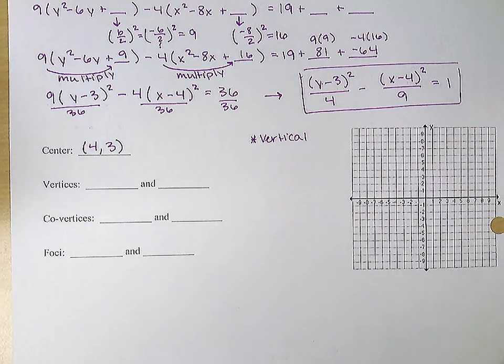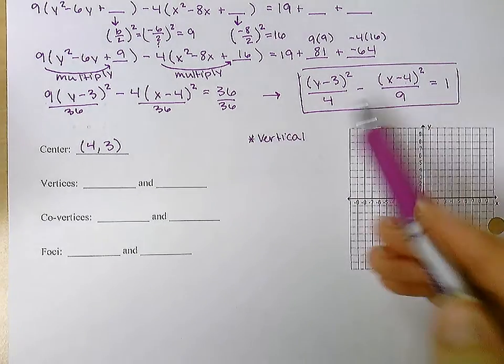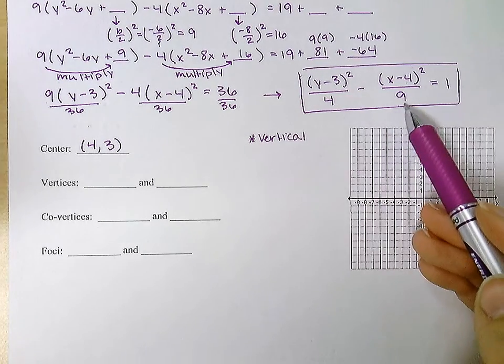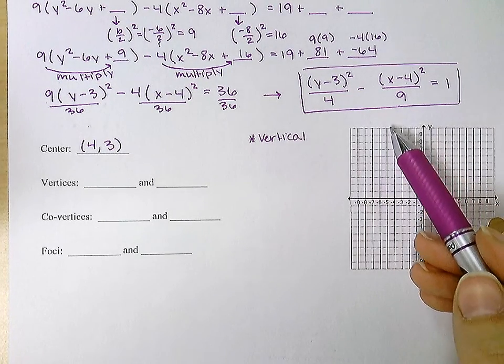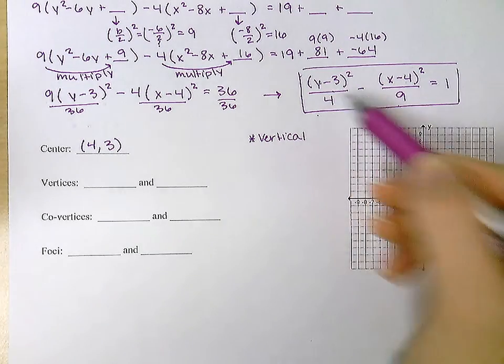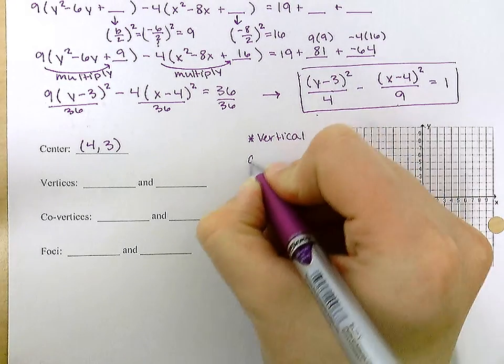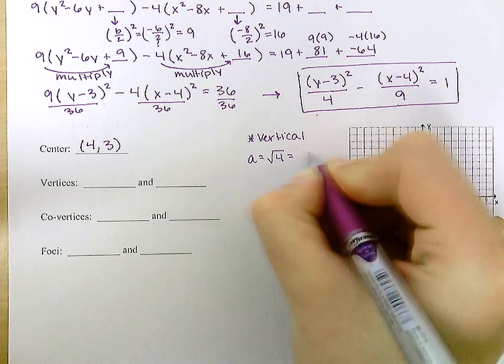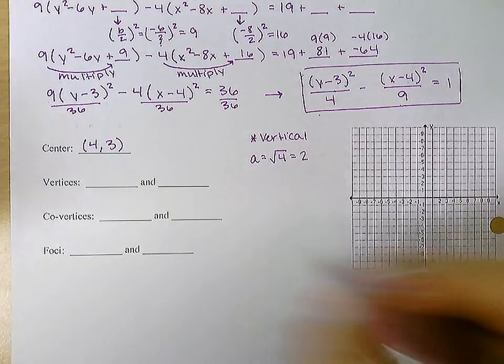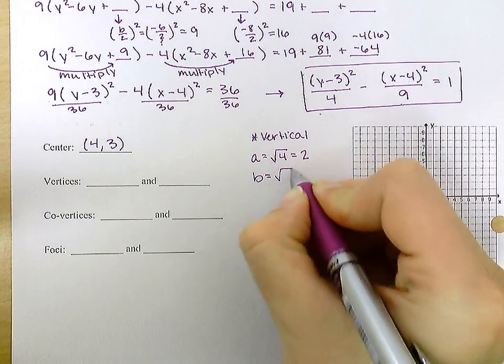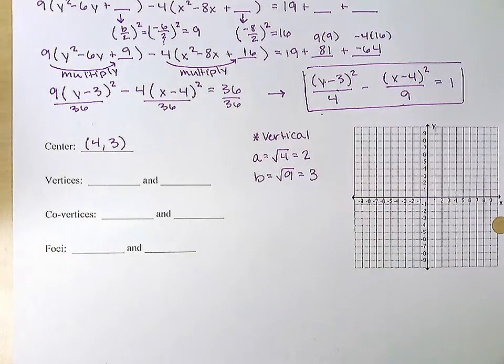Which one of my values here is a? 4. I have to use 4 here to find my a value. So a will be equal to the square root of 4, which is 2, and b will be equal to the square root of 9, which is 3.